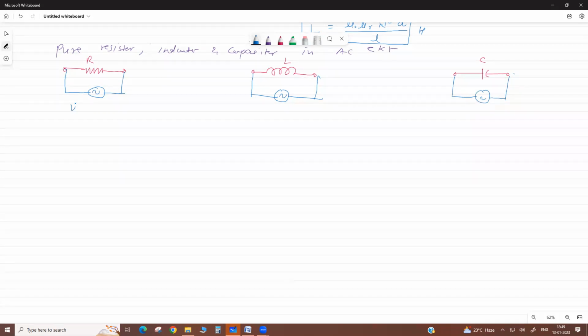So here AC means V equals Vm sin omega t, and here again V equals Vm sin omega t, AC sinusoidal. If you apply a sinusoidal voltage, then the current is also sinusoidal and flows through this.